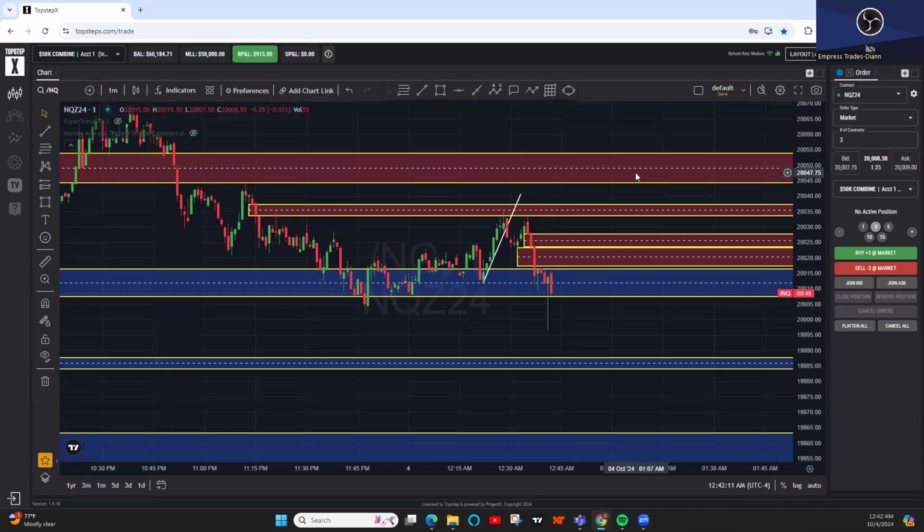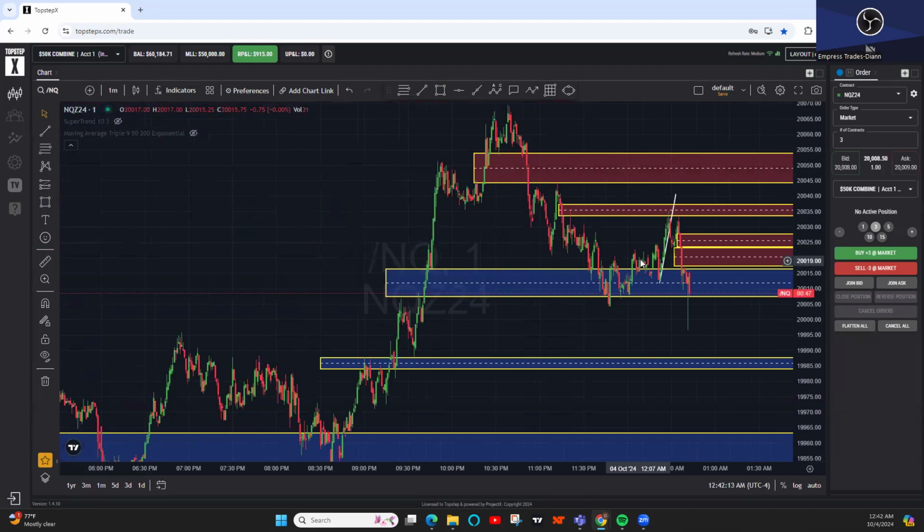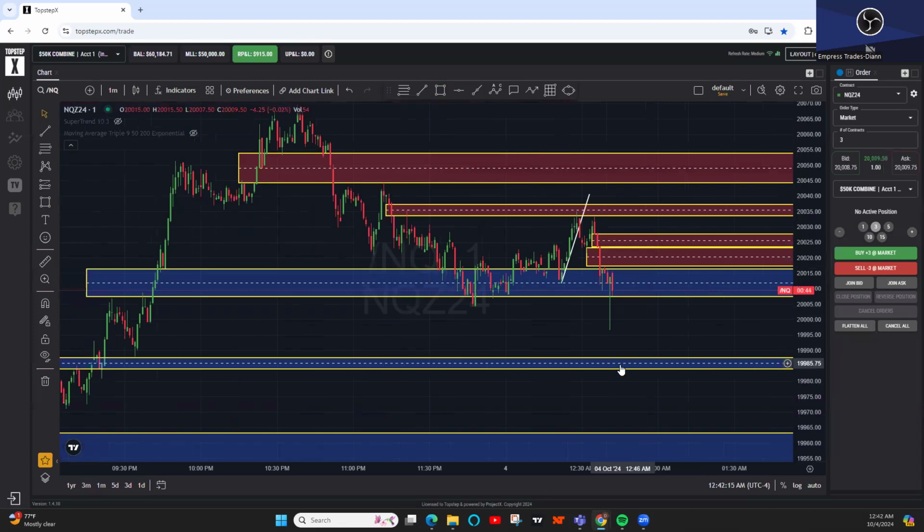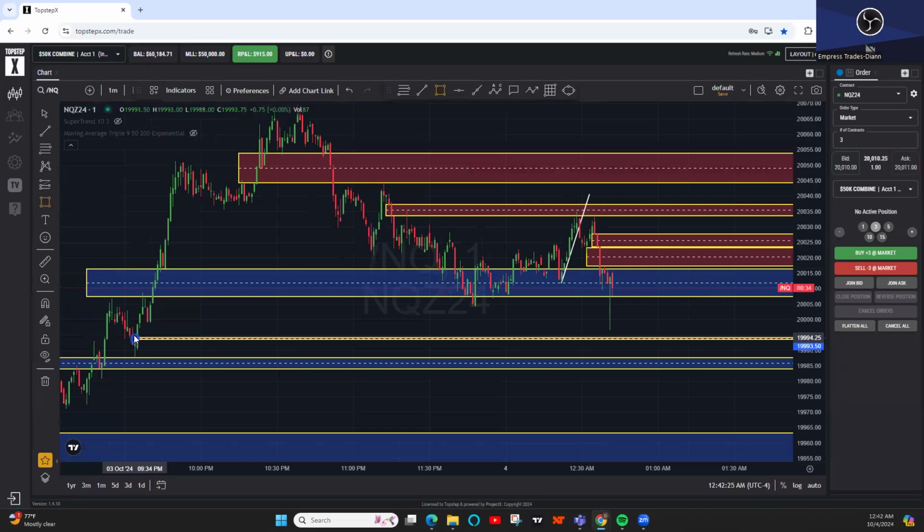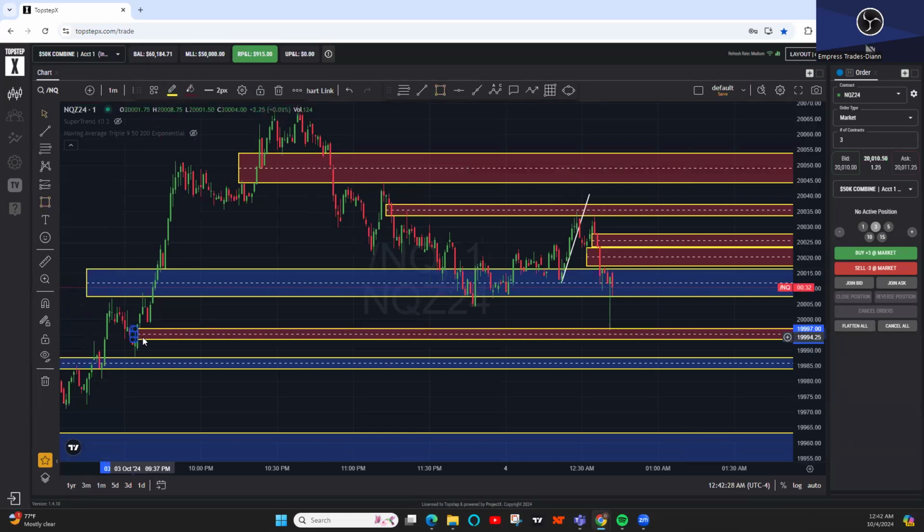So if I'm seeing all these bearish moves, where's my next target? My next target is going to be down here, right? There's another bearish fair value gap right here. I'm going to start looking into these areas.